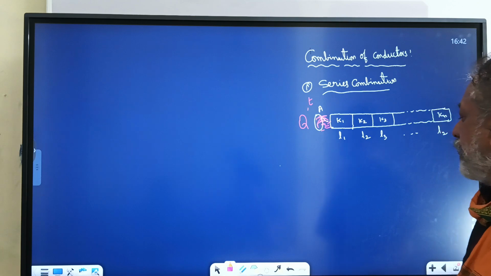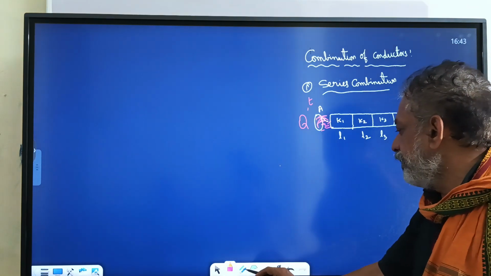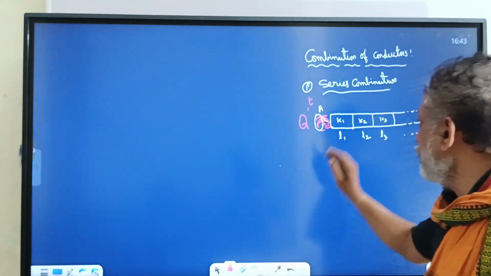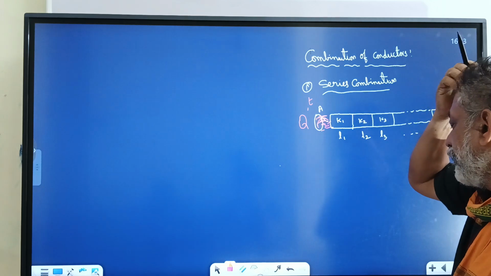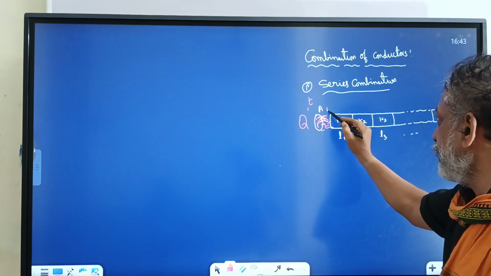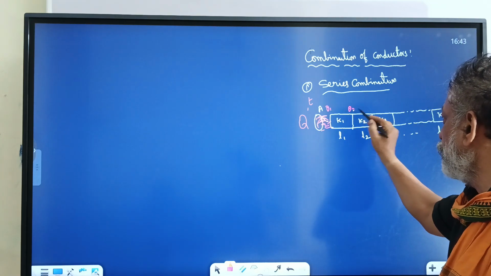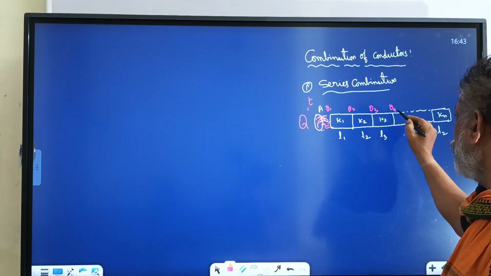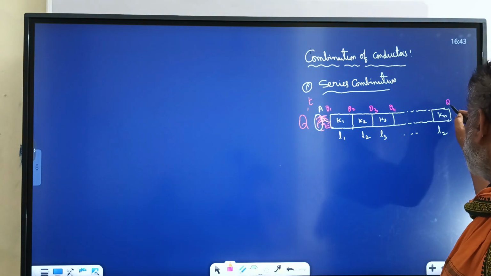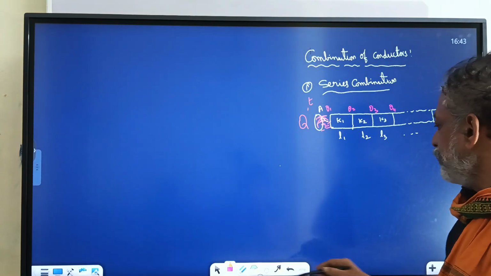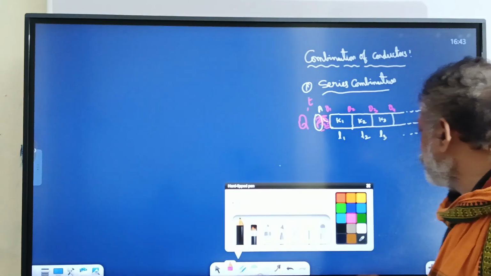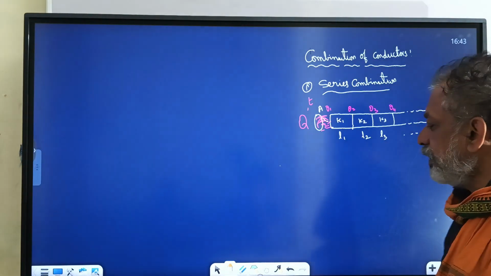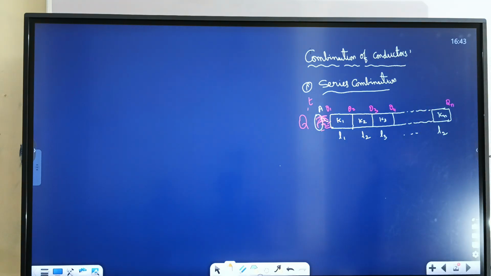Then the temperatures at each junction go as theta1, theta2, theta3, theta4, lastly theta n. So in series combination, we have to take the coefficients of thermal conductivity.